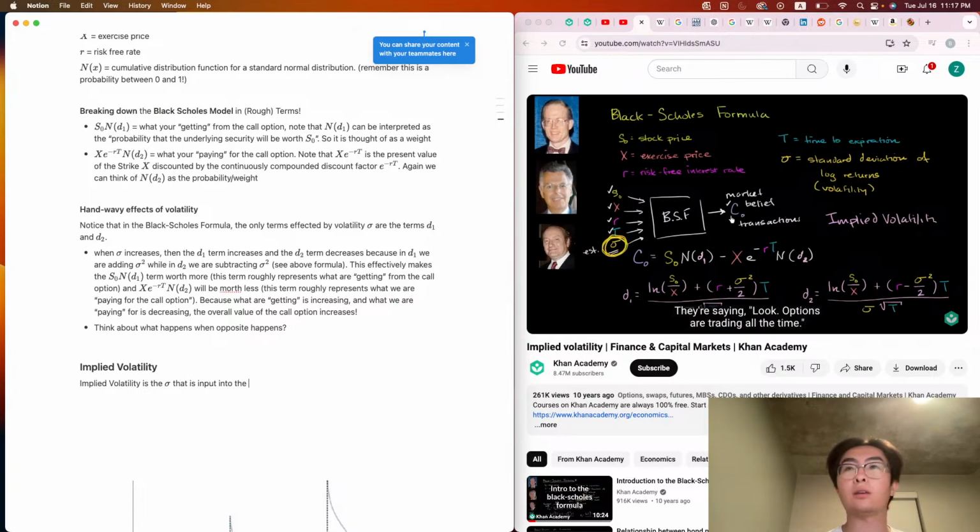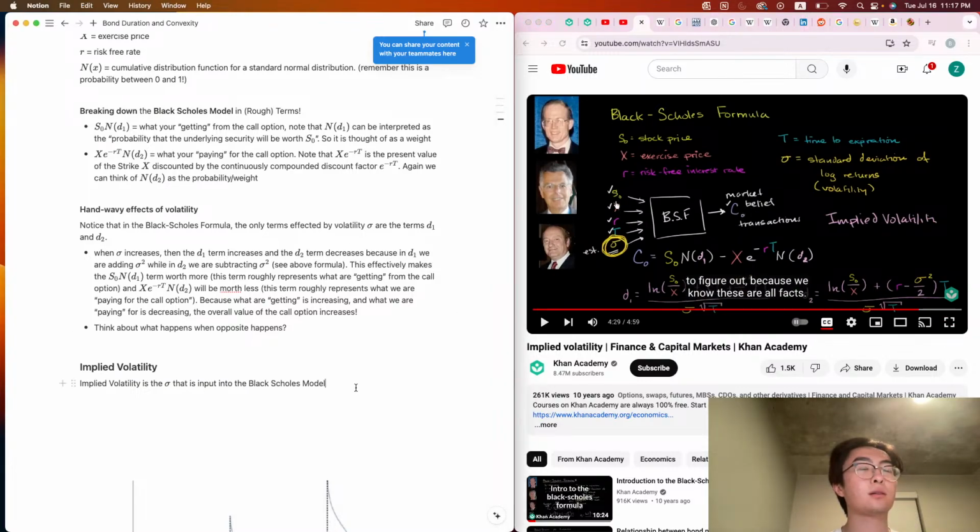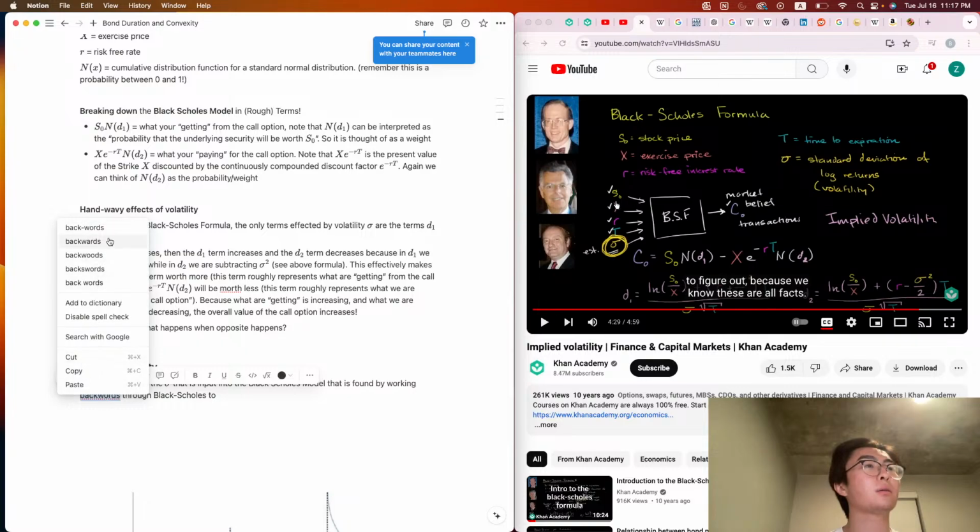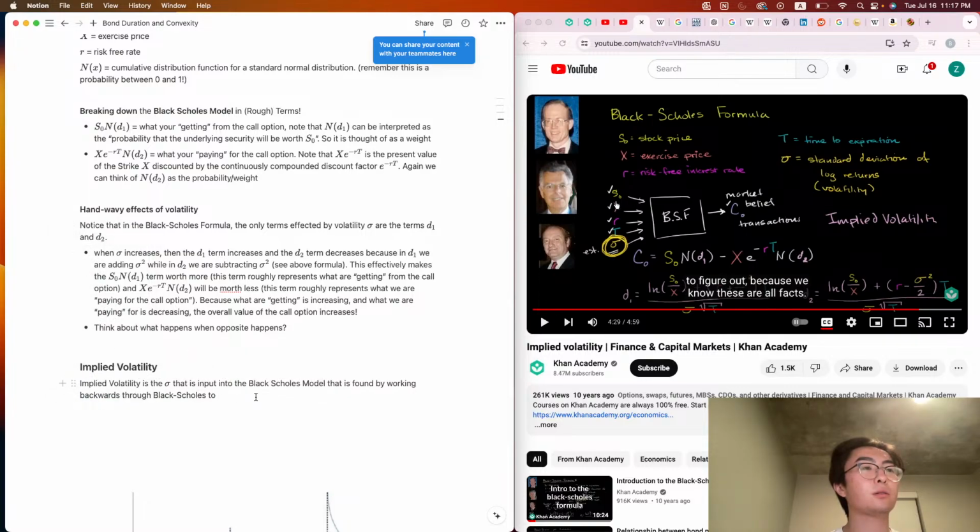They're saying, look, options are trading all the time. Can we use that price, the market belief of what those prices should be, and then work backwards through Black-Scholes to figure out the implied volatility?